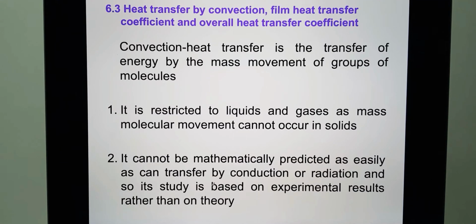Now we move on to heat transfer by convection: film heat transfer coefficient and overall heat transfer coefficient. For this particular subtopic, film heat transfer means that, let's say I have one surface, for example a bowl that I heat up.